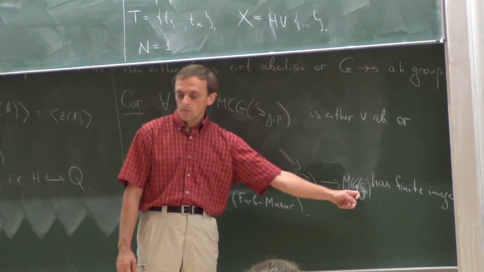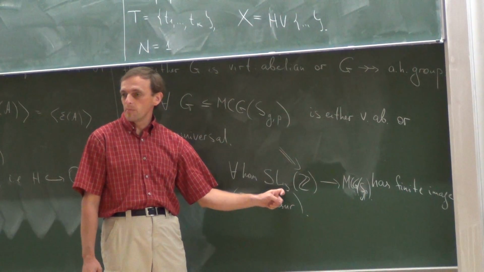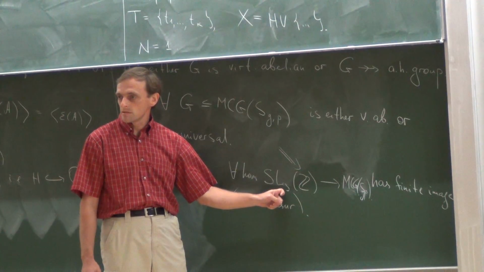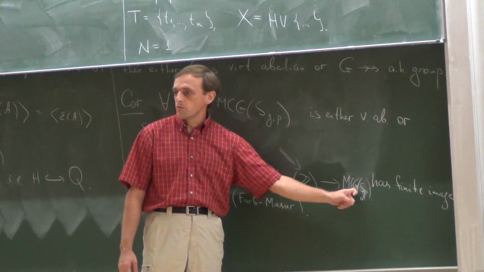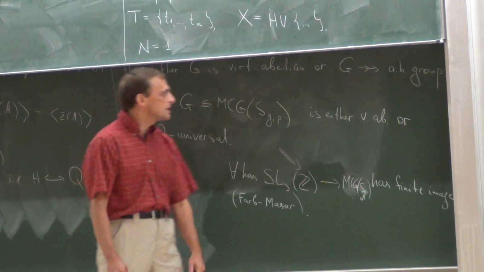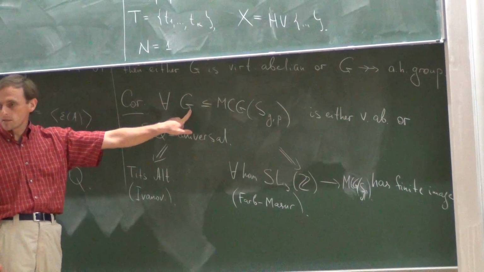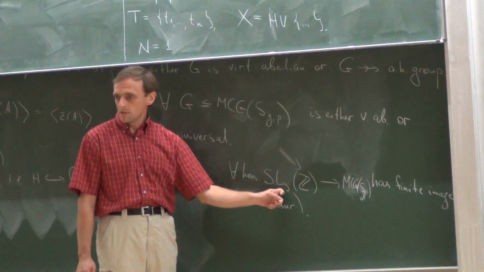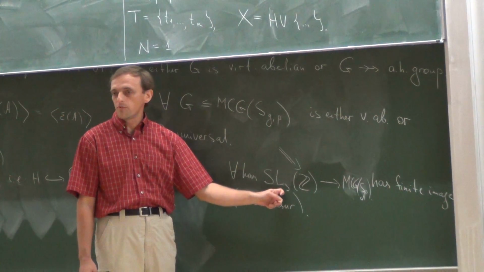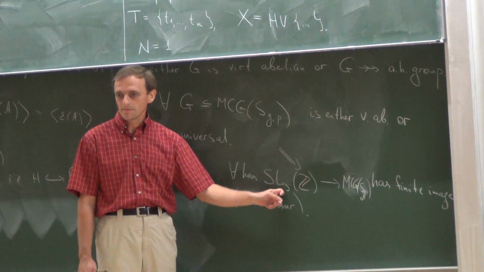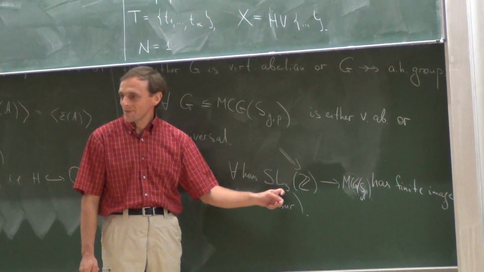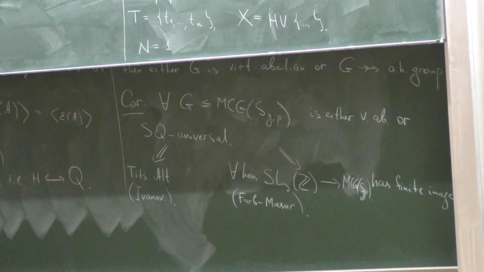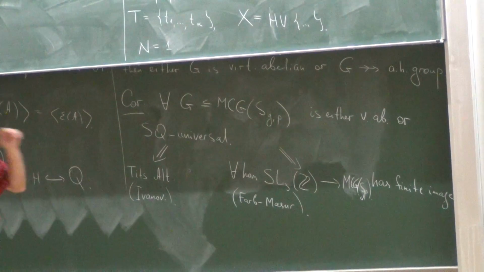Okay? So this group has only countably many normal subgroups, as we already discussed. So the image cannot be SQ universal, right? Therefore, the image is virtually abelian by this corollary. But it's fairly easy to see that every virtually abelian image of this group is actually finite. That's an exercise in elementary group theory. Okay? So you get this, and you get some other results, of course.